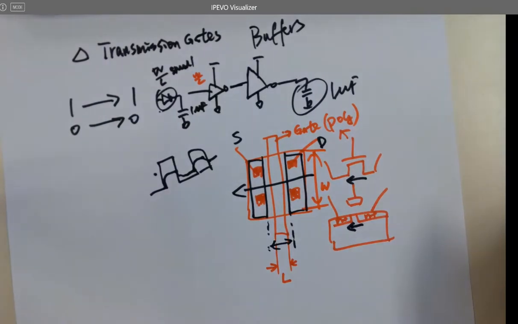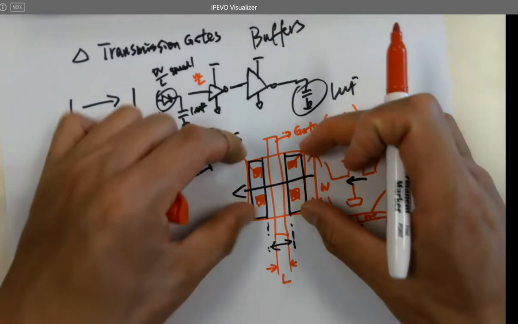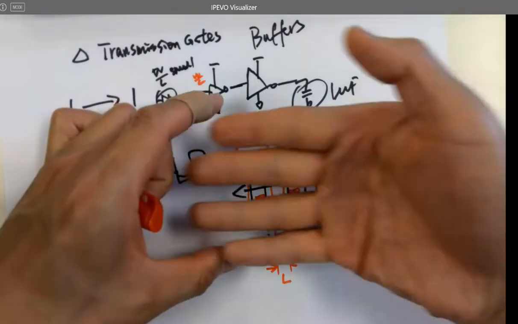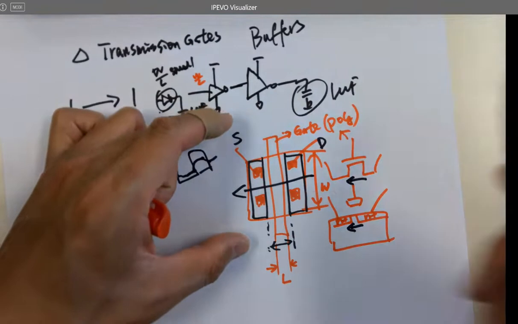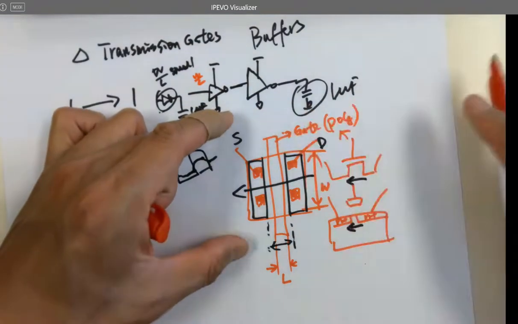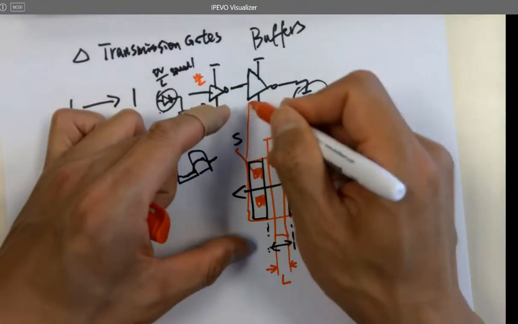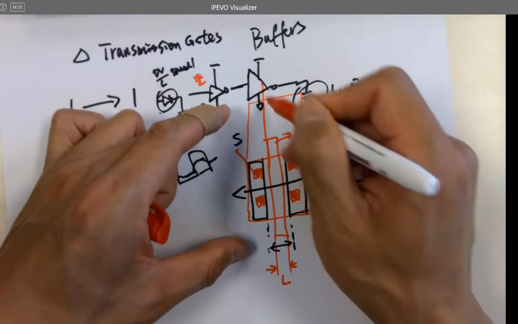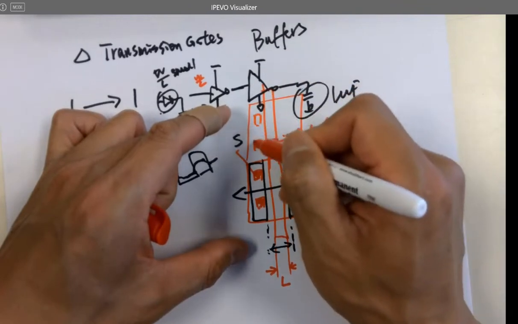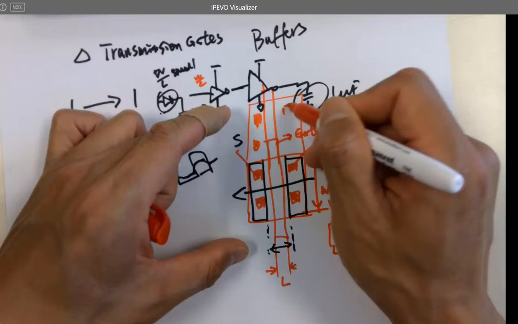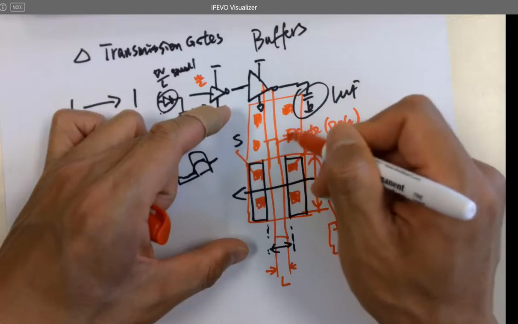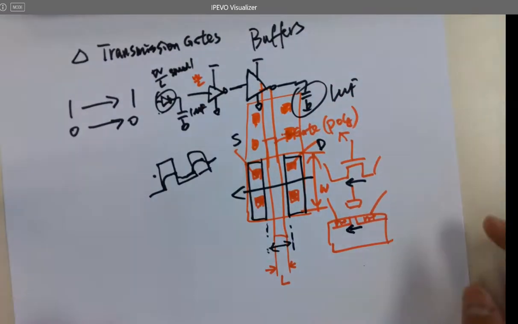Okay. And the current flows that way, right? And if you have a very big transistor, here's a gate. Are you having a big width or length here? Width. Yes.